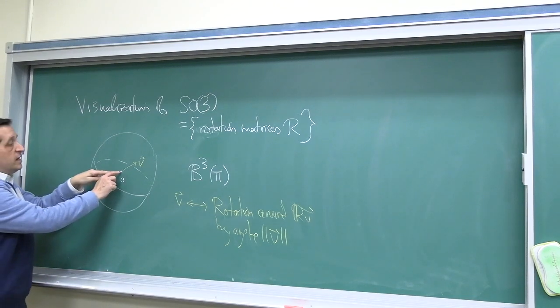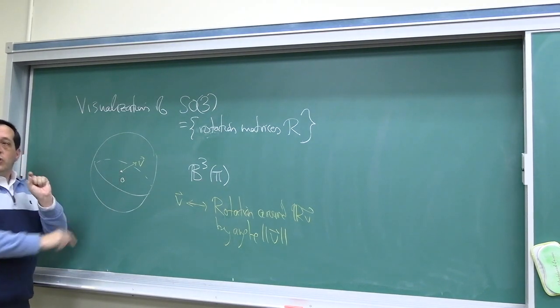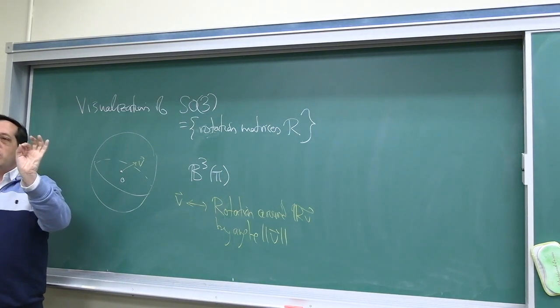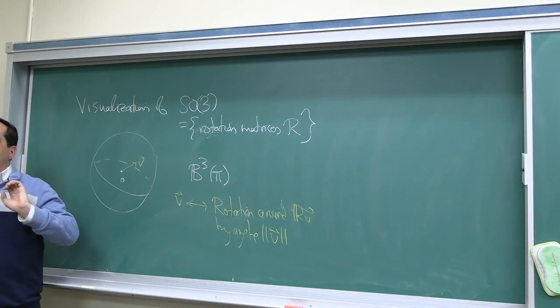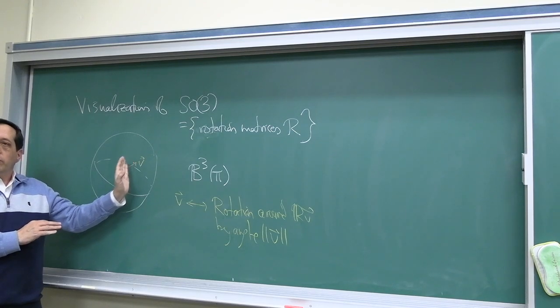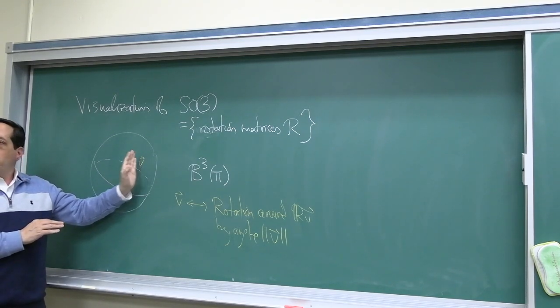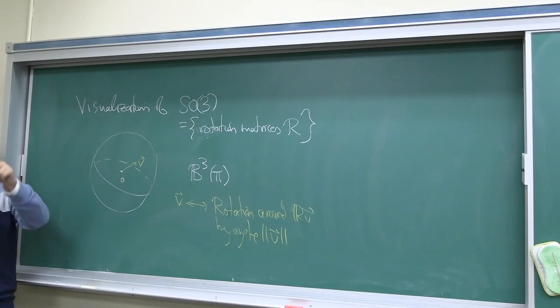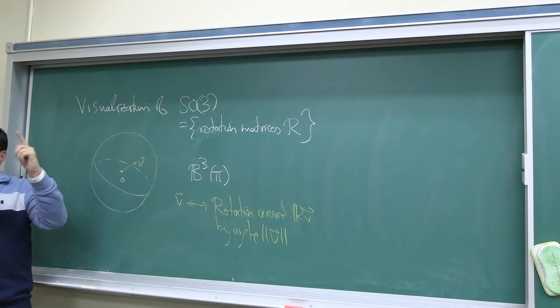So if you're very close to the origin, your vector is very small, that means you've barely done anything. 0 will correspond to the identity, and as I move out towards the edge of this solid ball, I'm encoding rotations that go by more and more of an angle.